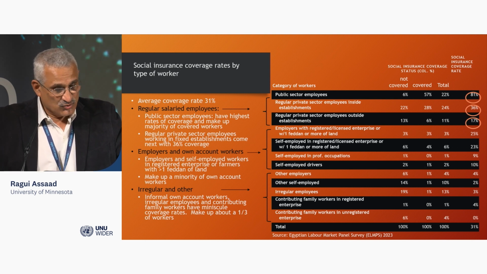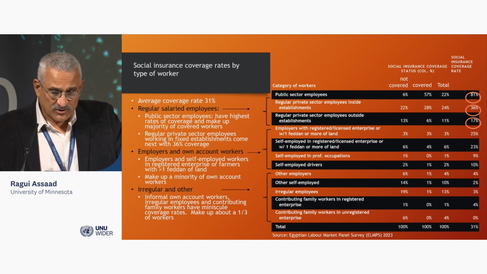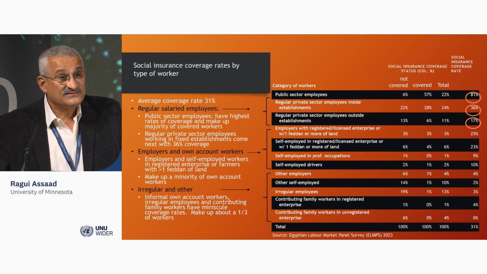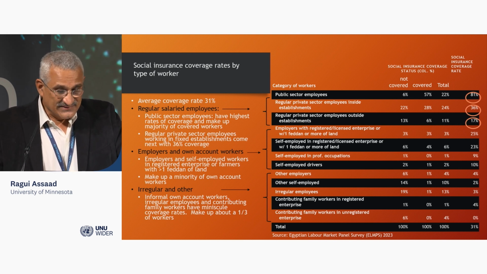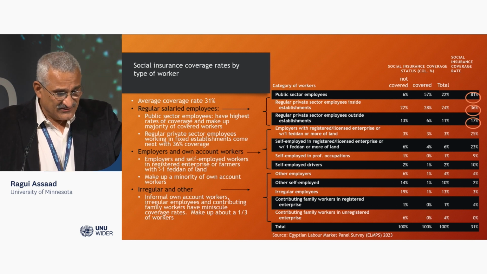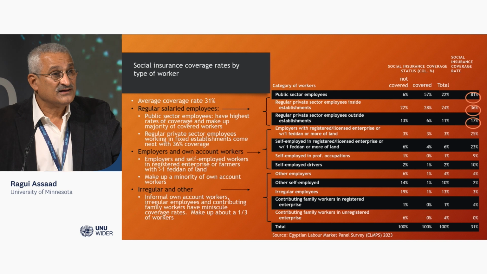And then you have the group of own account and employers and self-employed workers, and their coverage is in the 23-25% range if their enterprise is licensed. But if their enterprise is not, and that comes under other employers or other self-employed, the coverage rate goes down to 2 to 4%.